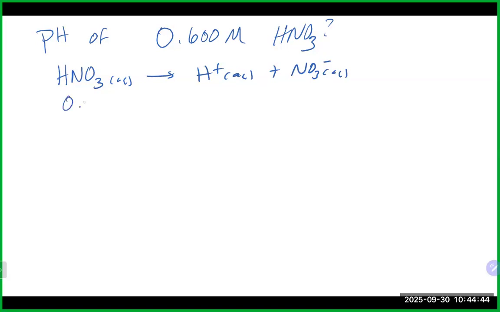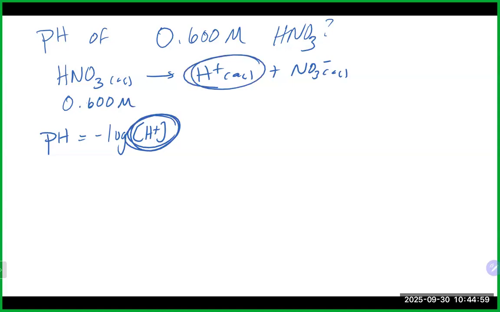And we know the concentration here is 0.6 molar. But if we wanted to calculate the pH here, we are definitely interested in the H plus concentration. So we do need to figure out the H plus concentration. Perhaps you remember from previous semester, when you're dealing with concentrations, you can think of it like stoichiometry in a sense.